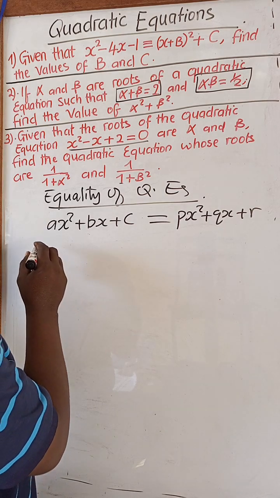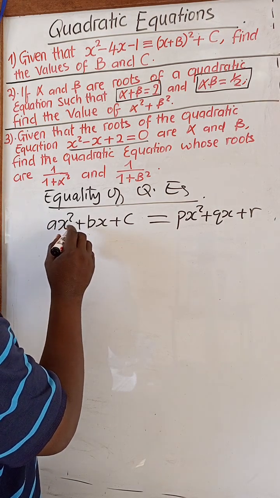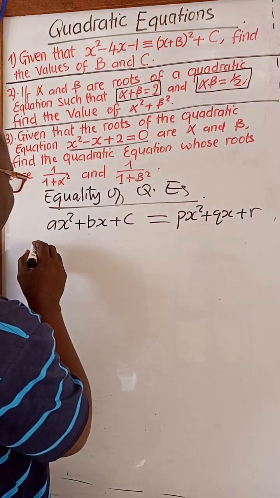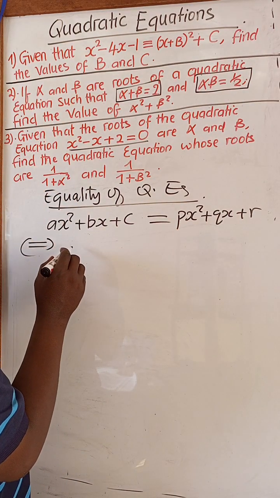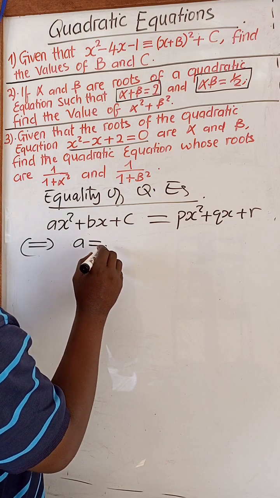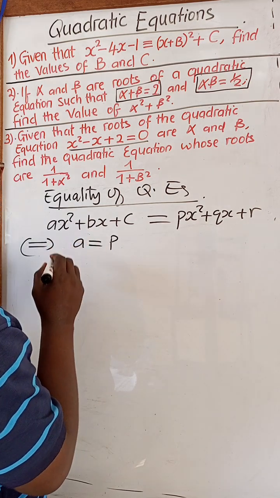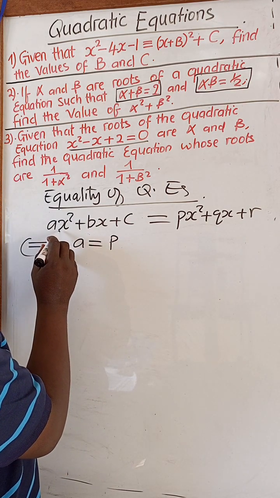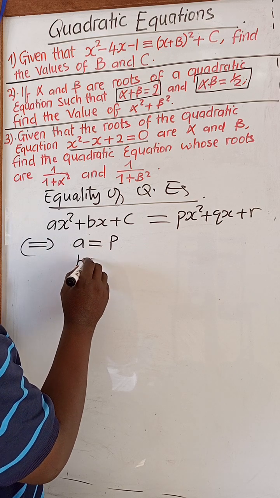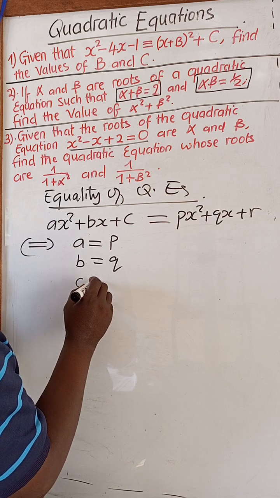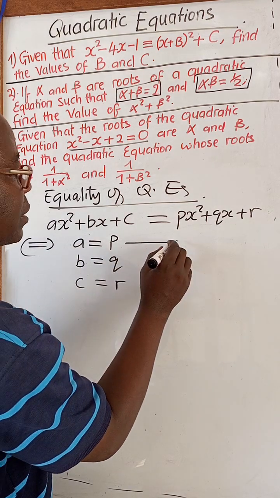So ax squared plus bx plus c is equal to px squared plus qx plus r if and only if coefficients of corresponding terms are equal. a is equal to p for the x squared terms, and b is equal to q for the x term, and c is equal to r for the constant.